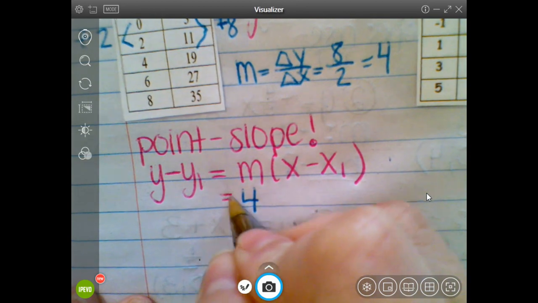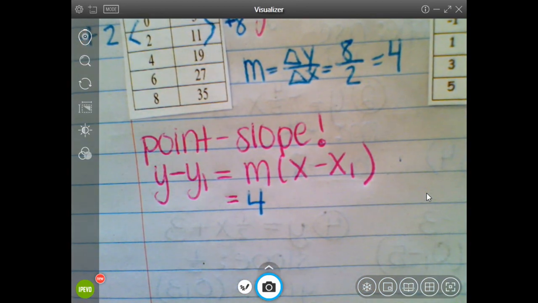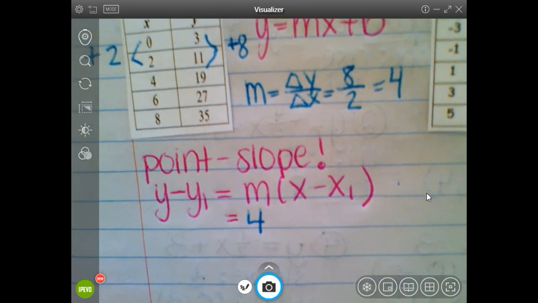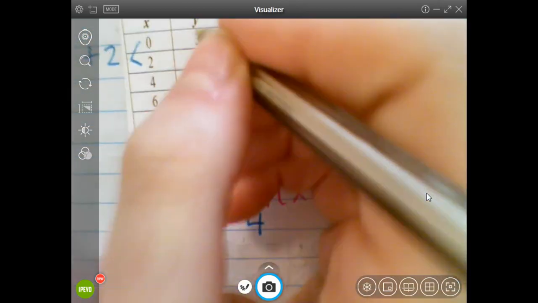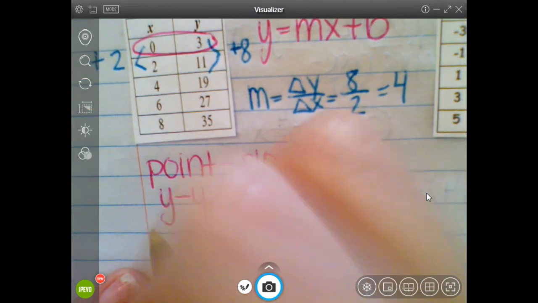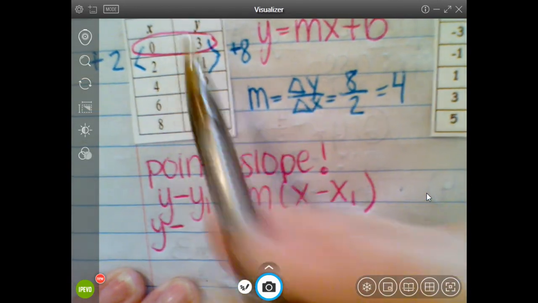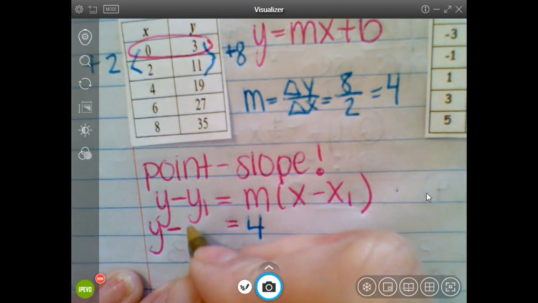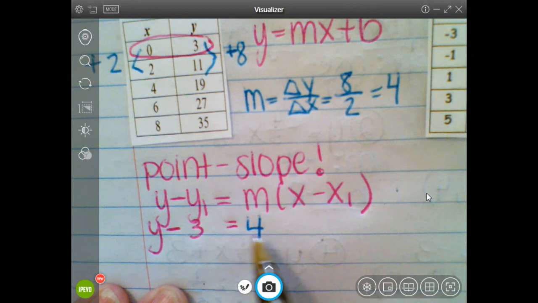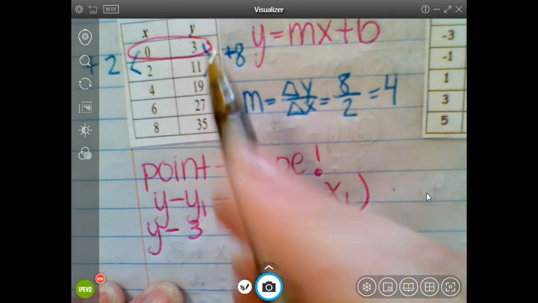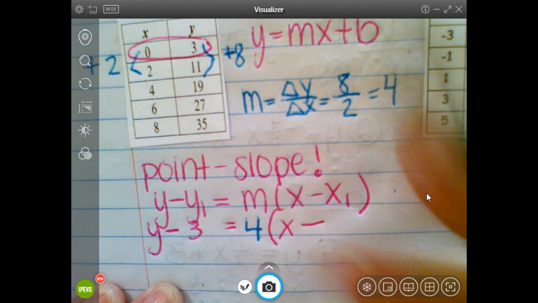Okay? Now, this is where you get to pick any point in your table. And remember we said you kind of want to think about this. Well, I'm going to pick just the first point because those are the smallest numbers. So y minus, well, what's my y value in the point that I circled? 3 equals 4 is my m times x minus, well, what's my x value in the one that I circled? 0.